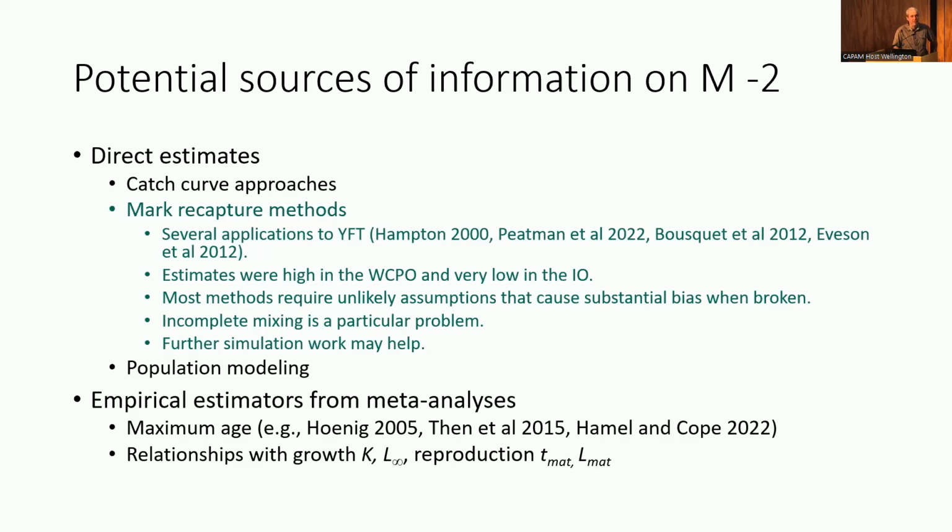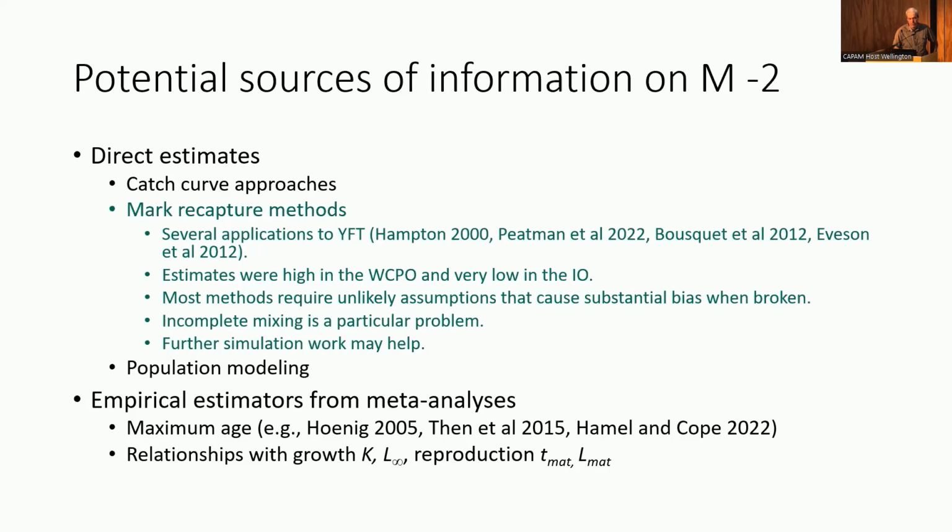So incomplete mixing is a particular problem. And there was a paper by, I think, Hoenig in the mid-90s looking at the effect of incomplete mixing on natural mortality estimates, and it was a really strong influence on natural mortality estimates in tagging experiments.